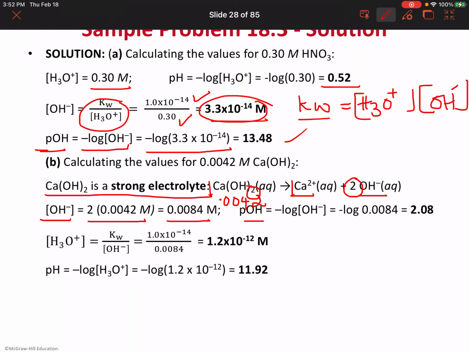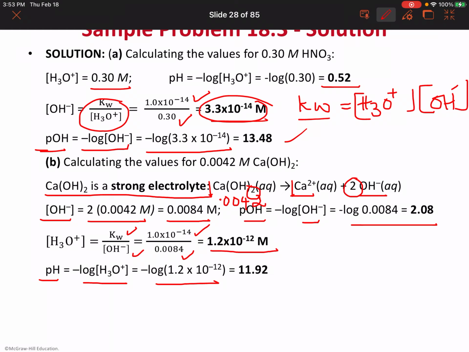So pOH is going to be negative log of hydroxide, 2.08, and then we can find out the hydronium ions, which is Kw over hydroxide. Kw is 1 times 10 to the negative 14, over the hydroxide found. So the hydronium concentration is this amount. pH is negative log of hydronium ions, negative log of 1.2 times 10 to the negative 12, 11.92.